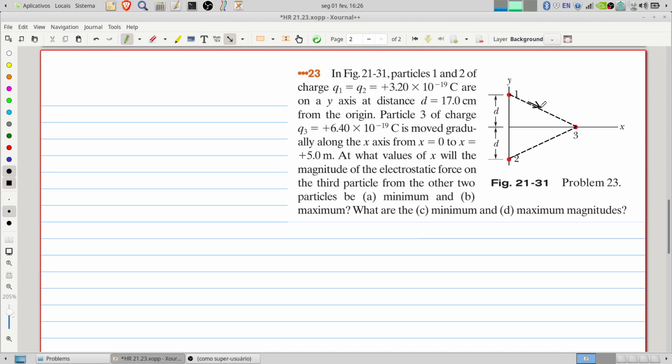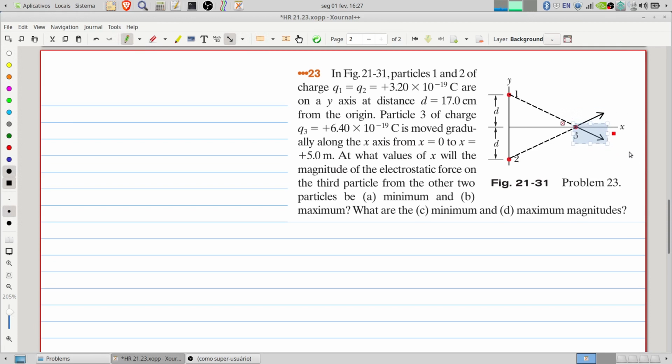Here we have the force of particle 1 acting on particle 3, and here the force of particle 2 acting on particle 3.